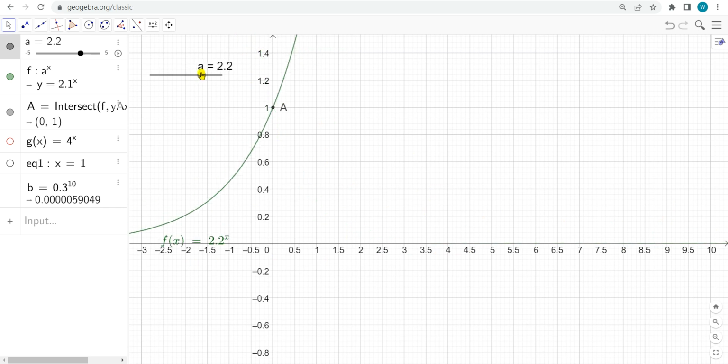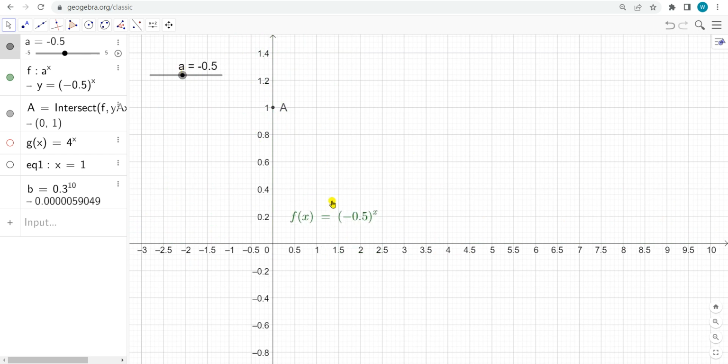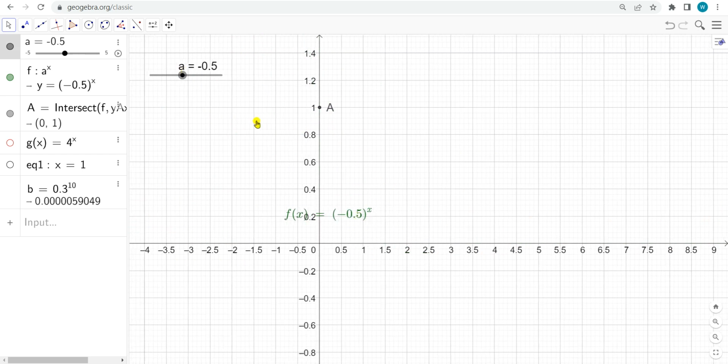Okay, that's the same thing when a is greater than 1. So how about when a is negative? It is not defined when x is negative, because when a is negative, then the power x you take here will always fluctuate the sign. When x is an even number, it will become positive. When x is an odd number, it will become negative again.